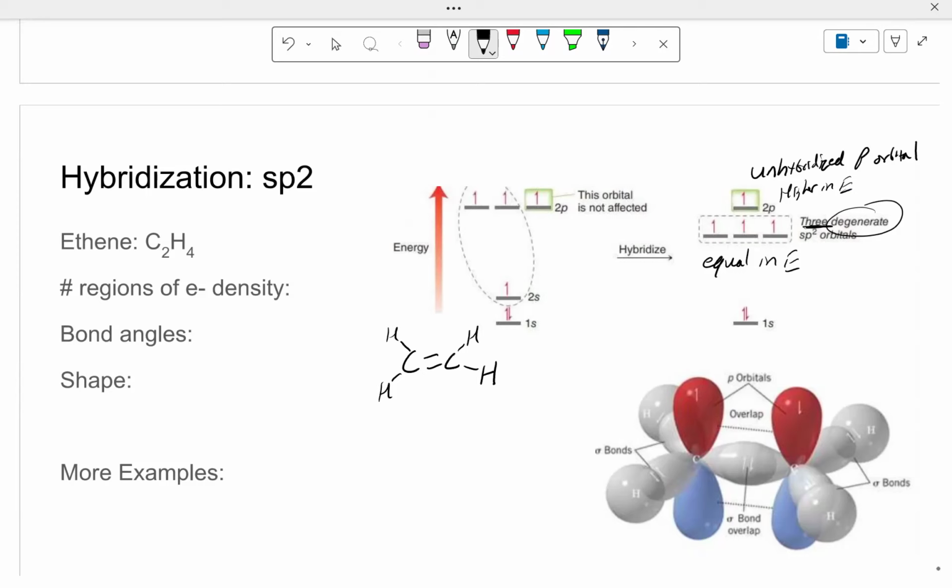So either of those carbon atoms have three regions of density around them, two single bonds and one double bond. So that's a key thing to remember with an atom that's sp2 hybridized. There will be three regions of electron density. The bond angles will be about 120 degrees, and the shape is going to be trigonal planar.